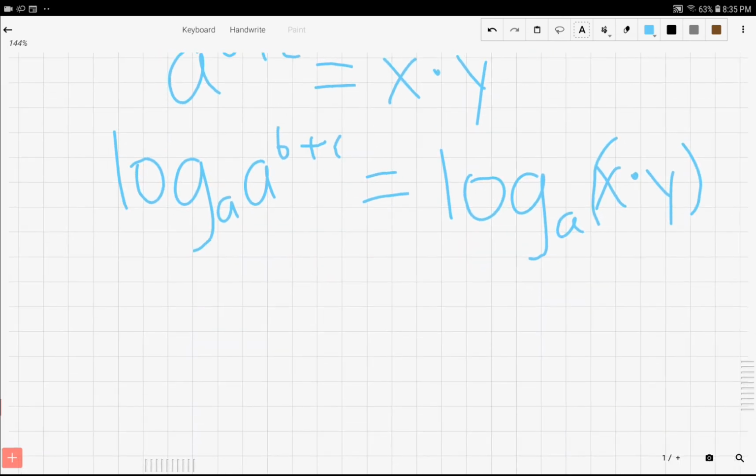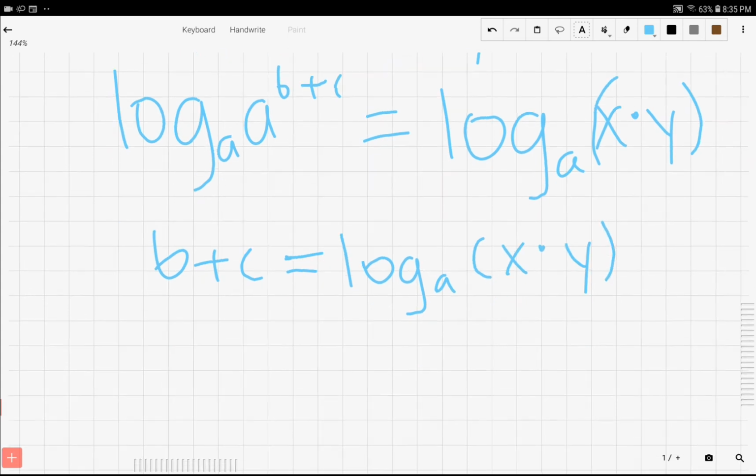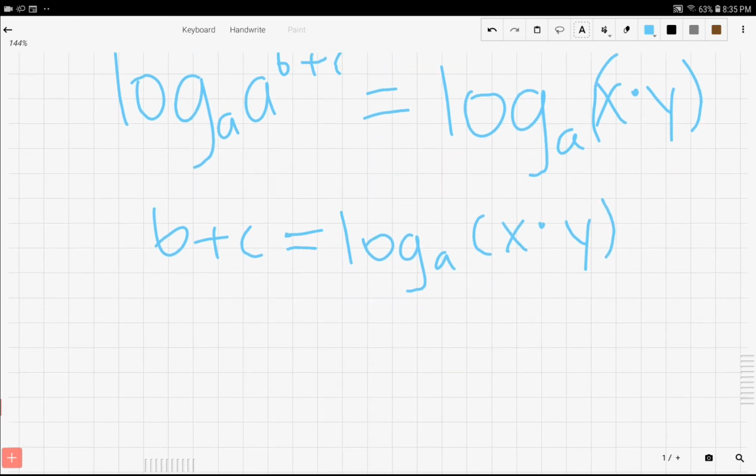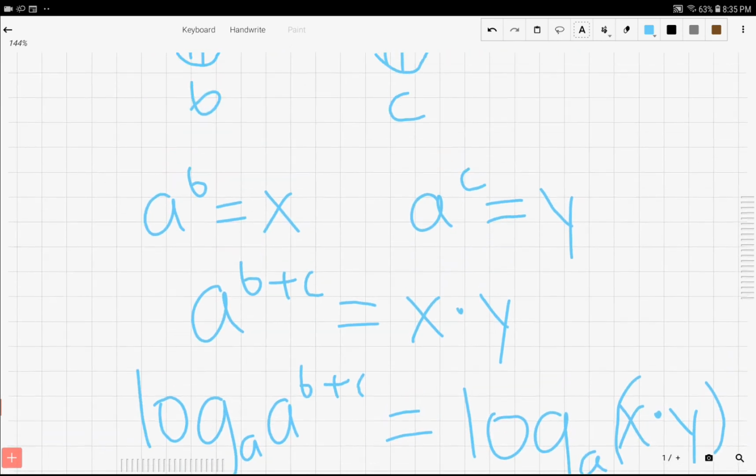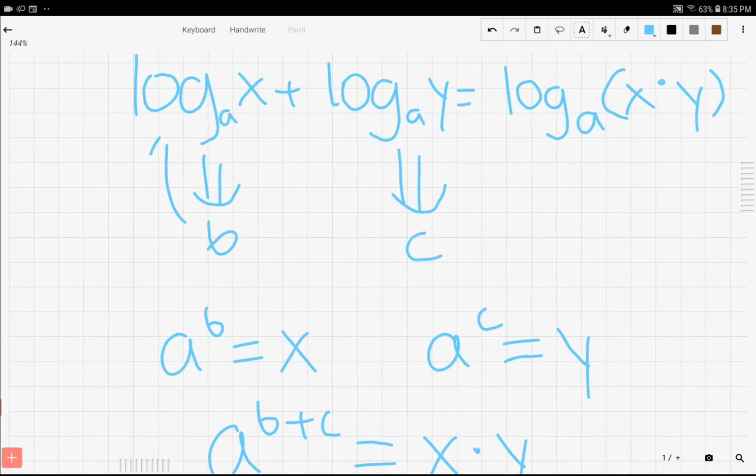And if we simplify this, we have b plus c is equal to log a of x times y. And therefore we have our original equation because we defined b and c to be these respective logs.